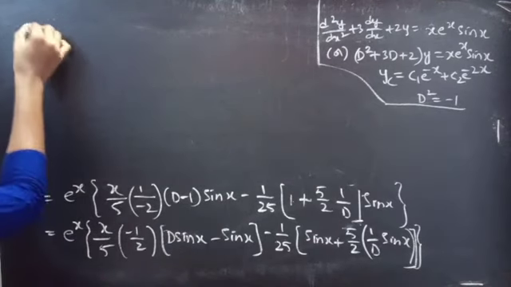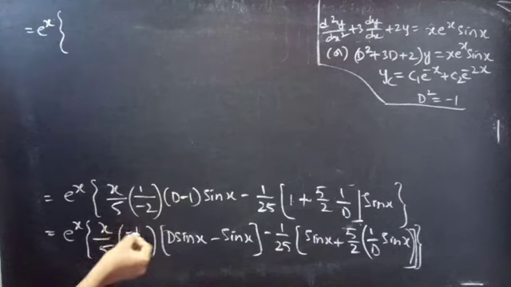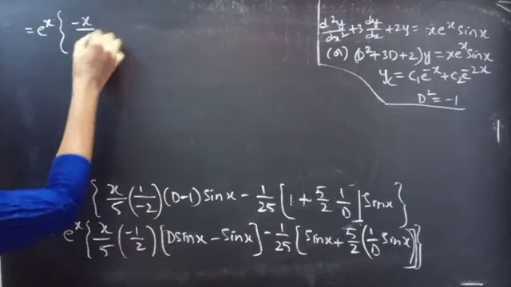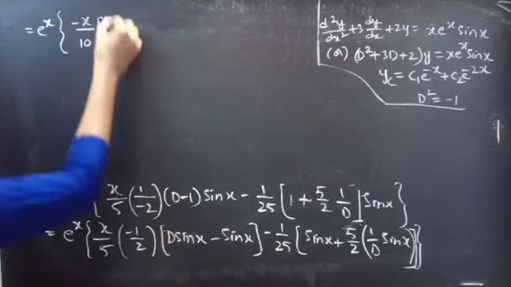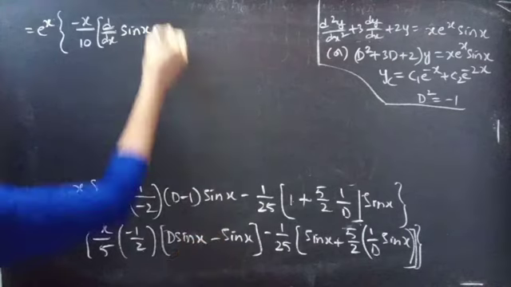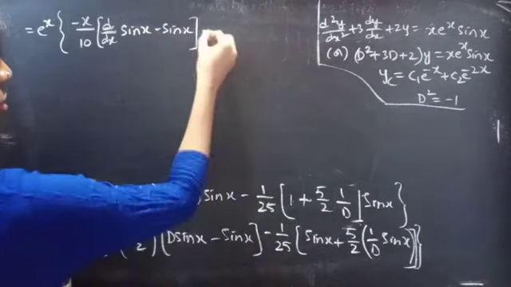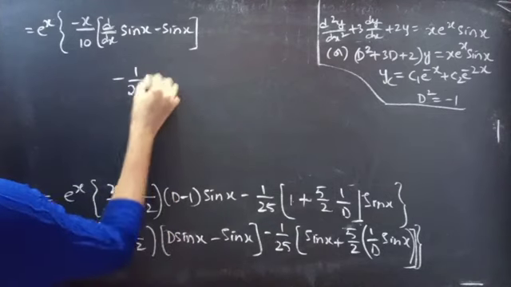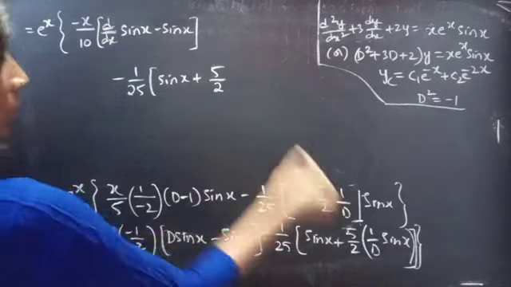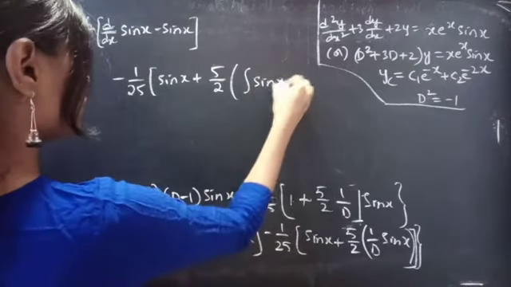This becomes e power x into minus 1 is minus x by 5 2s are 10 into replace d with d by dx sin x minus sin x minus 1/25 into sin x plus 5/2 into, we know that 1/d is integral operator, we'll have integral sin x dx here.